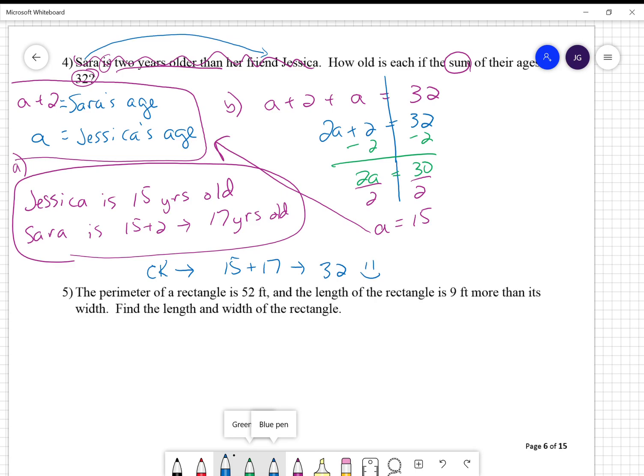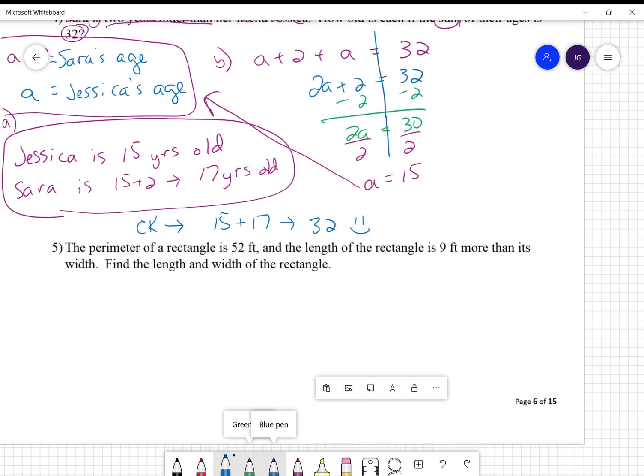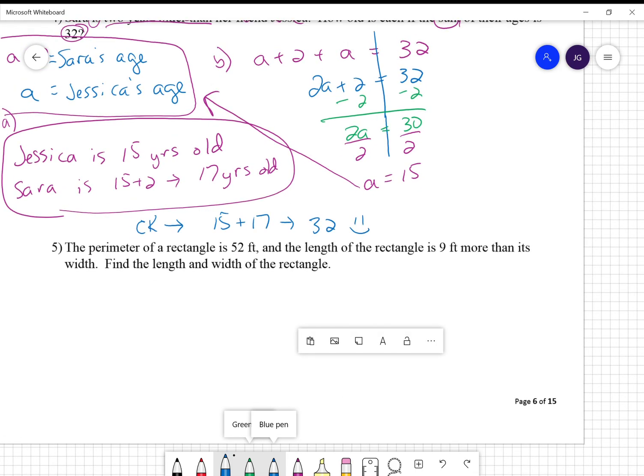Okay, number 5. The perimeter of a rectangle is 52 feet, and the length of the rectangle is 9 feet more than its width. Here is the comparison. Length is 9 feet more than width.